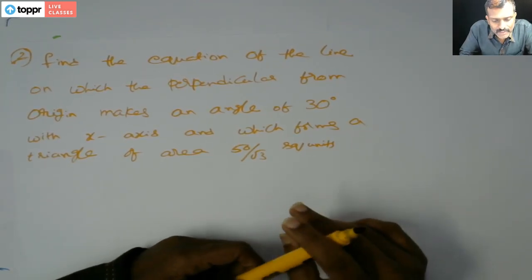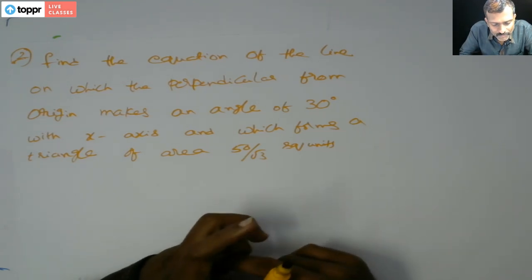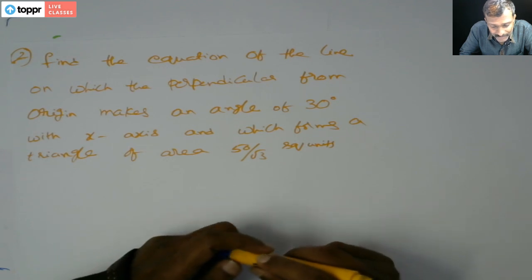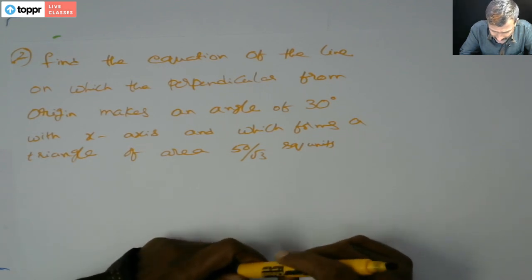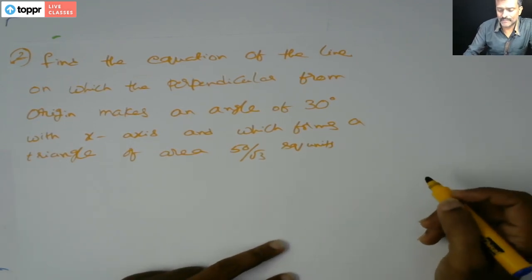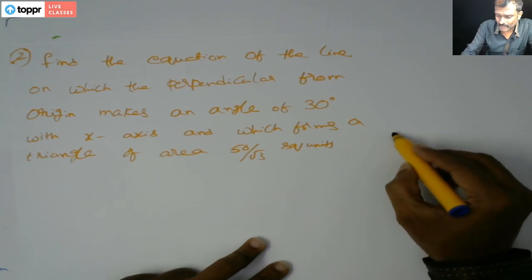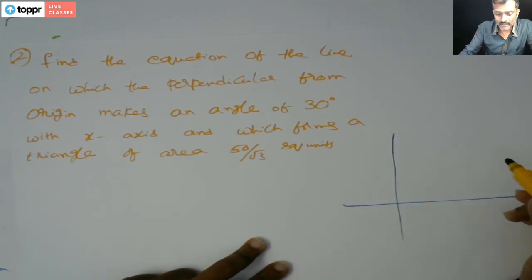The second one says, find the equation of the line on which the perpendicular from the origin makes an angle of 30 degrees with the x-axis and which forms a triangle of area 50 by root 3 square units. So let us try this. Let us draw the coordinate axes here.